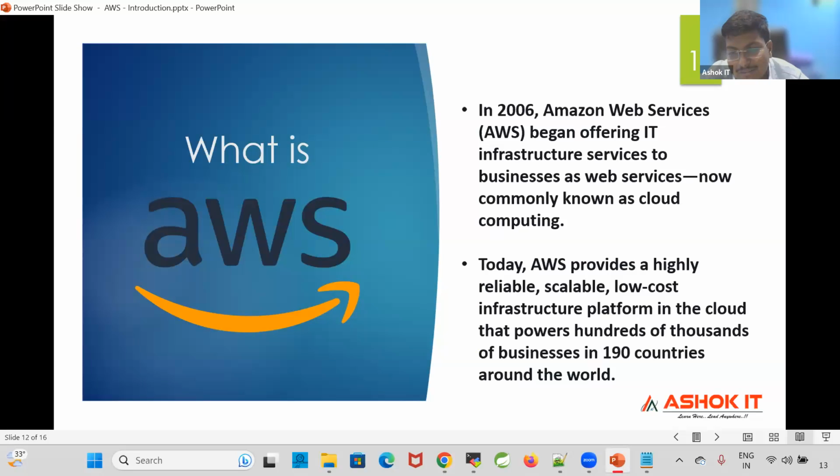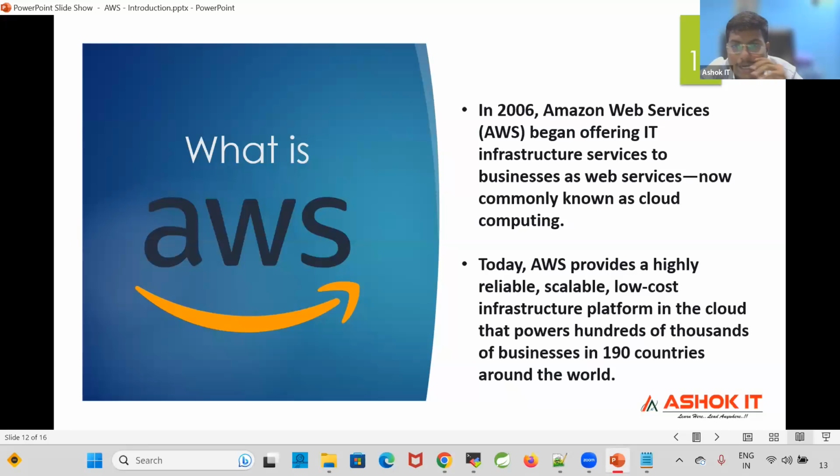Amazon Web Services began providing the IT infrastructure from 2006, and 190 countries are using this AWS cloud. 80% of the market share is with the AWS cloud. AWS is called the market leader in cloud computing. Are you guys clear with my point?